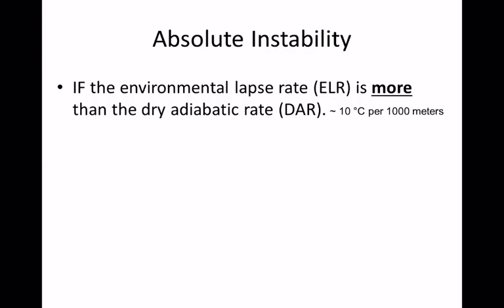If the ELR is more than the dry adiabatic rate, ELR, that's the weather balloon thing, has to be more than the dry adiabatic rate. And the dry adiabatic rate is 10 degrees Celsius per kilometer. If that's the case, then you're going to see that it's absolutely unstable.